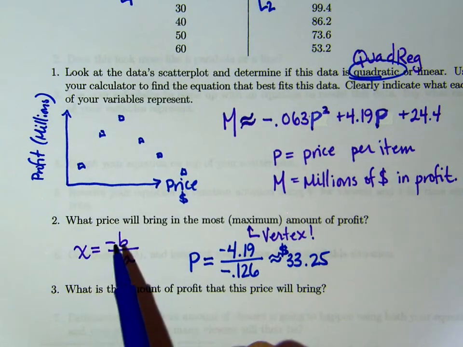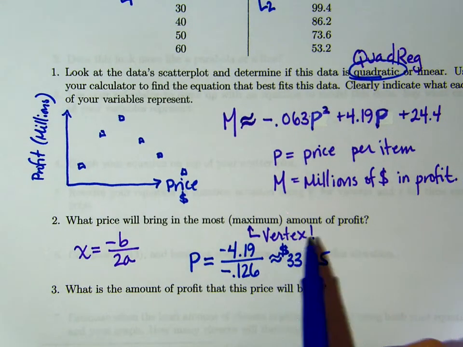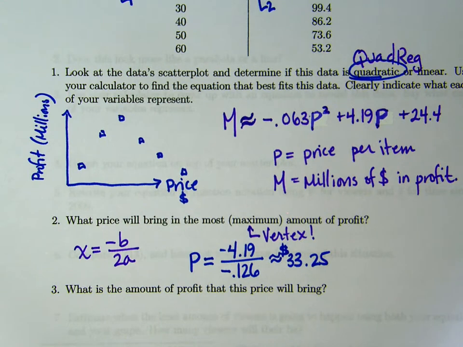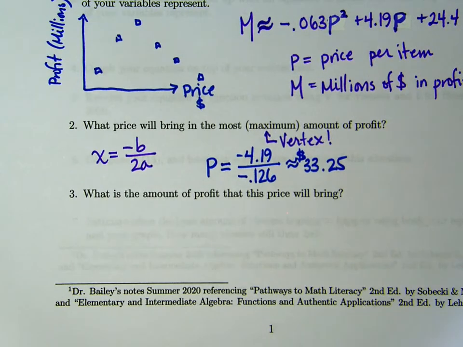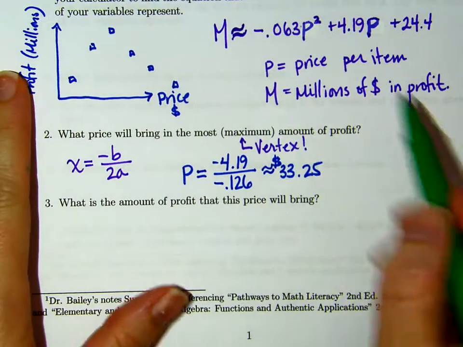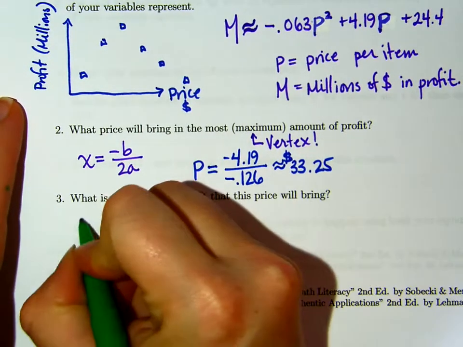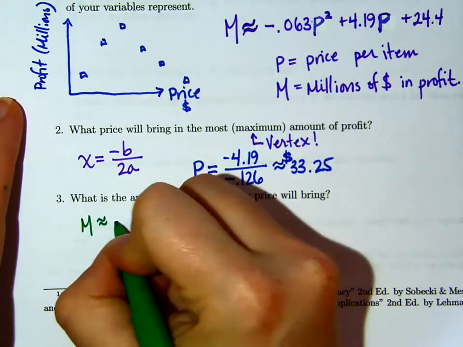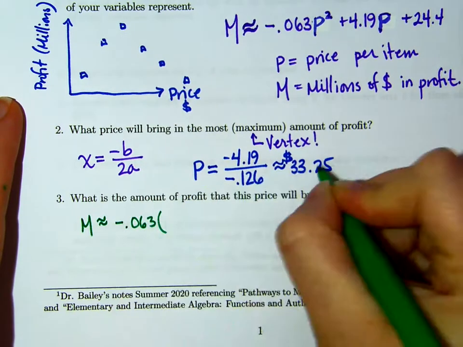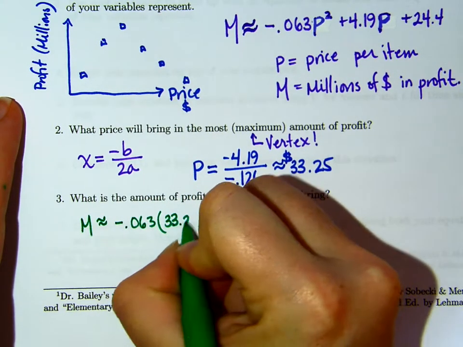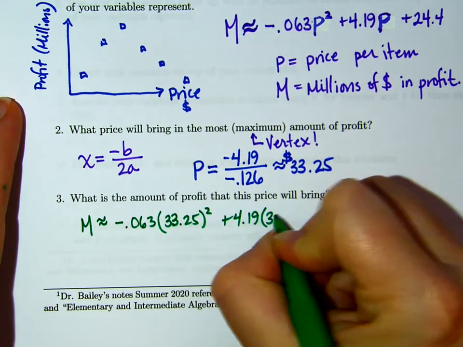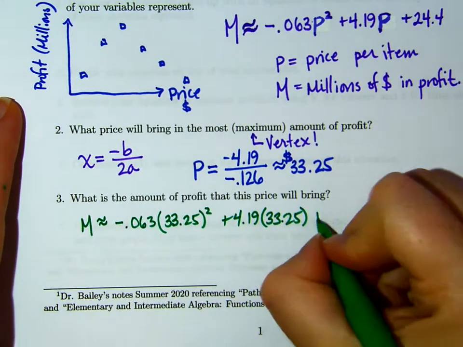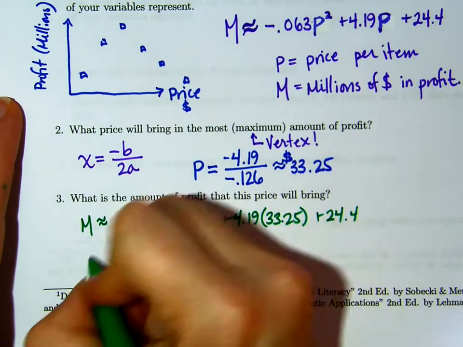Okay, what price will bring in the most amount of profit? And we just found it. It's our vertex. Okay. Next, what amount of profit will this price bring? Well, that's an M. So M is approximately negative 0.063 times 33.25 squared plus 4.19 times $33.25 plus 24.4.